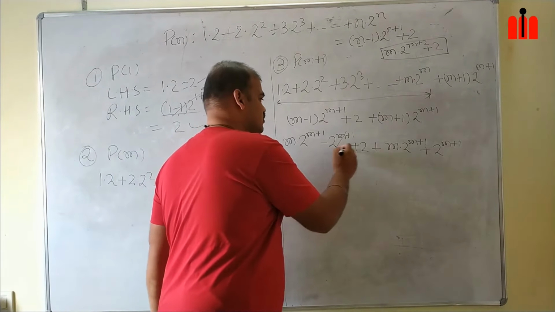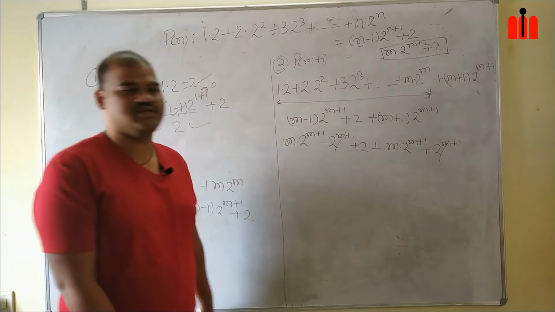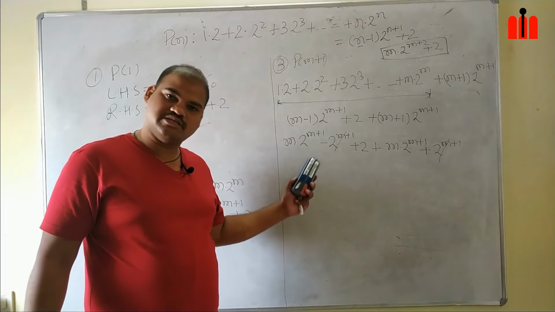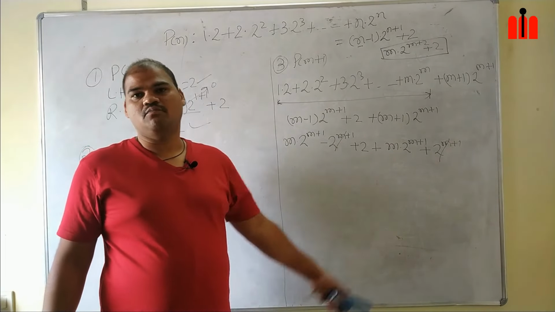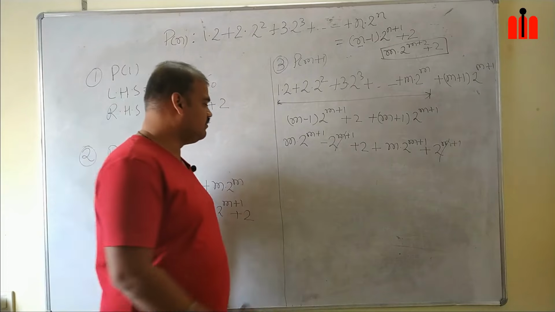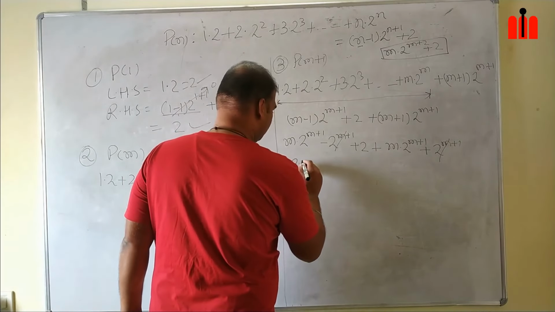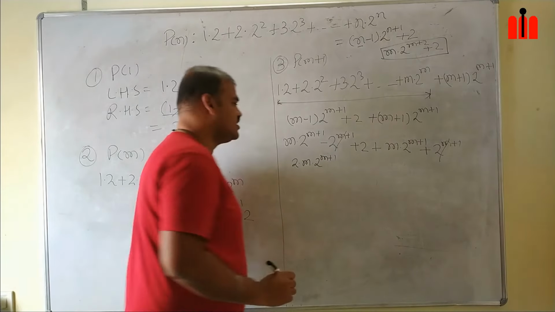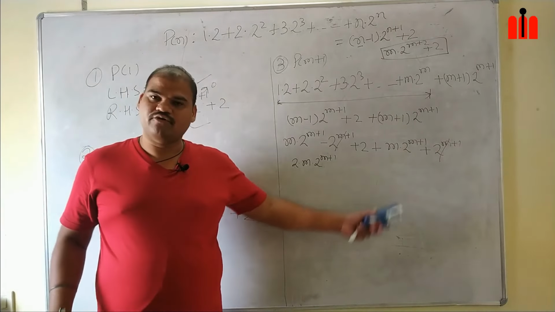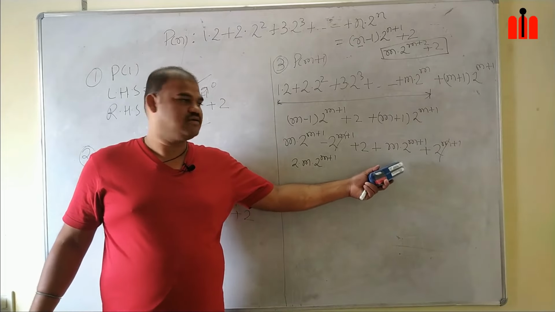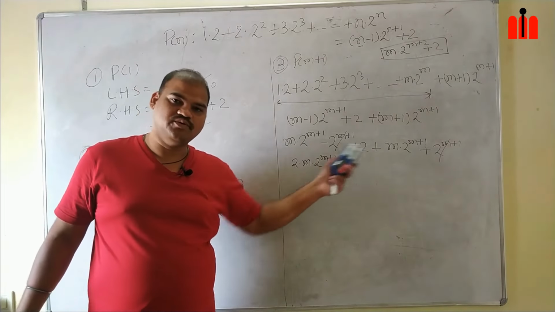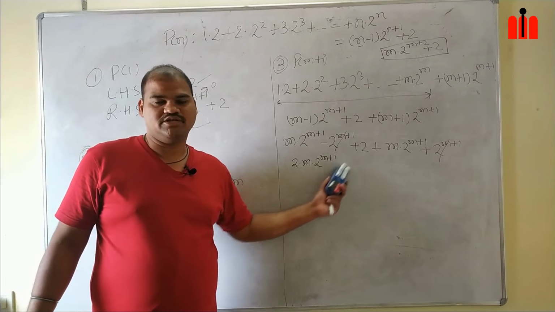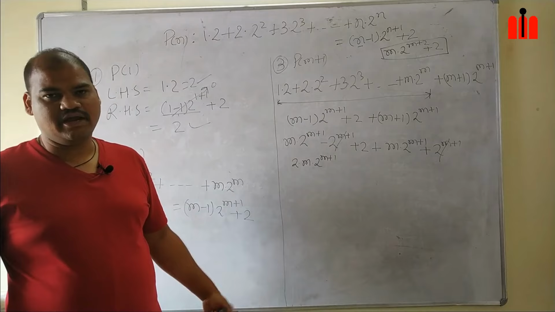Now this 2 to the power of m plus 1 and this 2 to the power of m plus 1 will be cancelled. Now this m into 2 to the power of m plus 1 and this m into 2 to the power of m plus 1 both will add and it will become 2 times m into 2 to the power of m plus 1. I will consider it as x, then this is x and this is x, it will become 2x. So it is 2 into x and x is m into 2 to the power of m plus 1. So that step I had done.